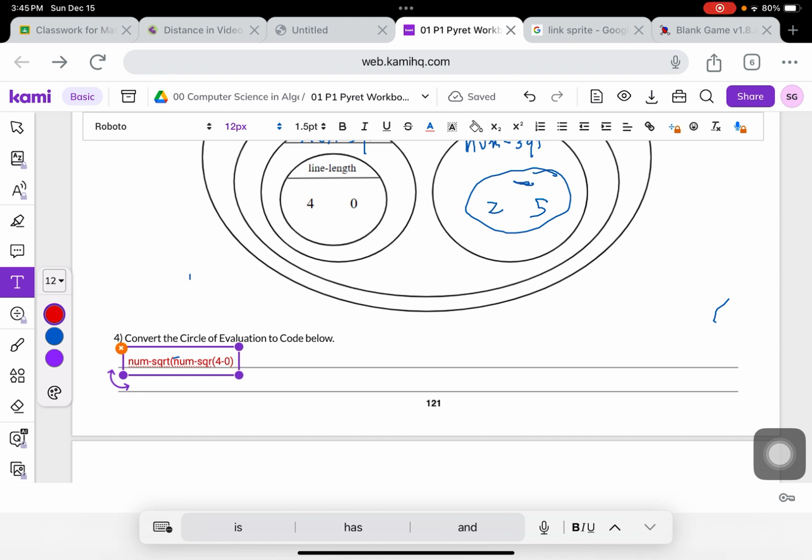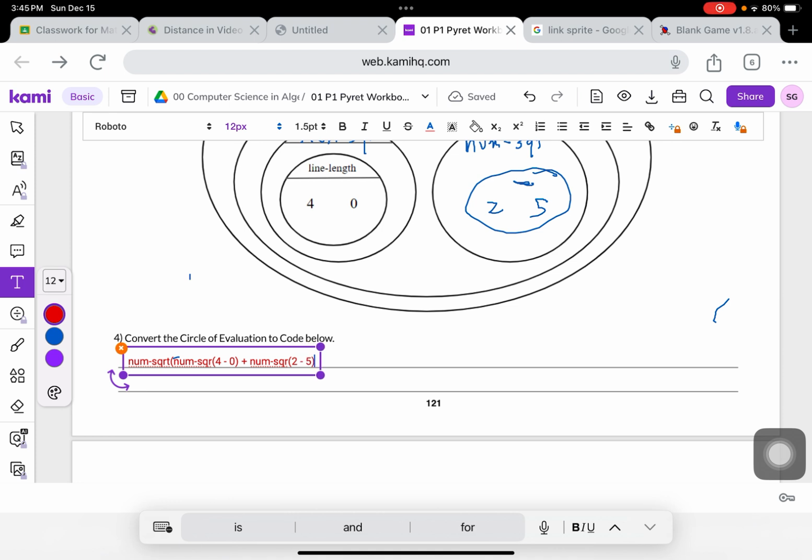And it doesn't matter what order you put them in because it's going to make it positive when you square it. And then you do num-sqr plus num-sqr, and then you do 2 minus 5.